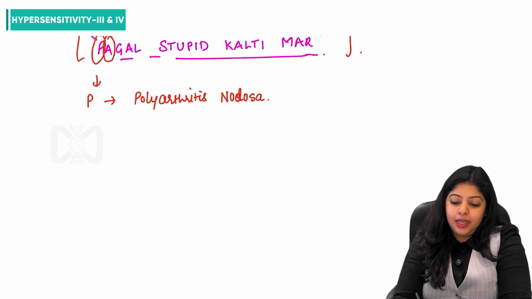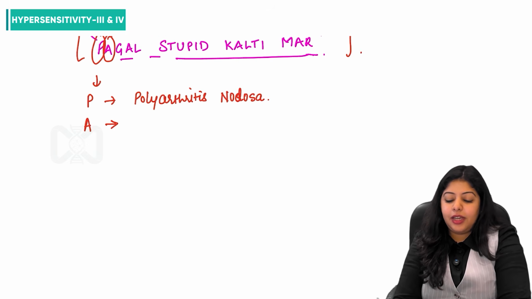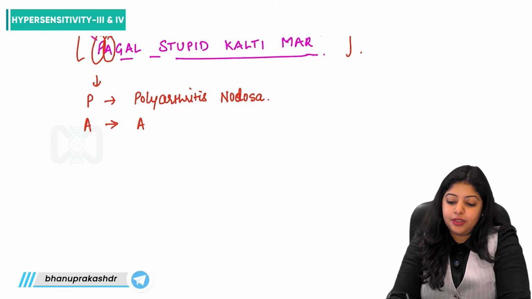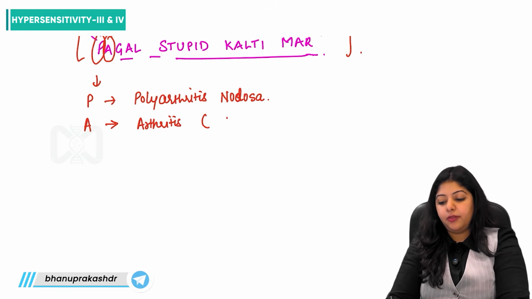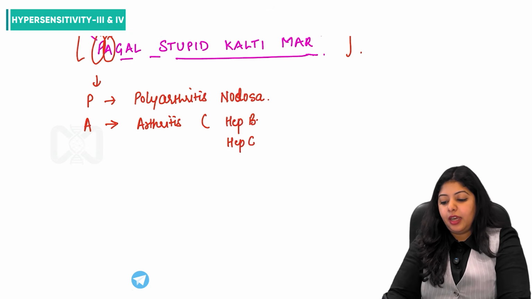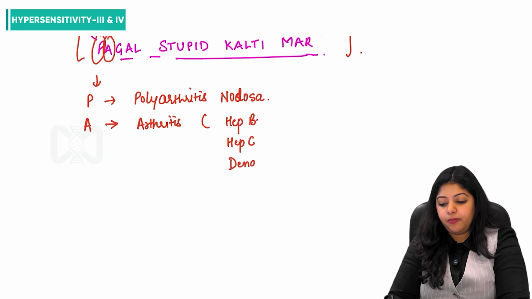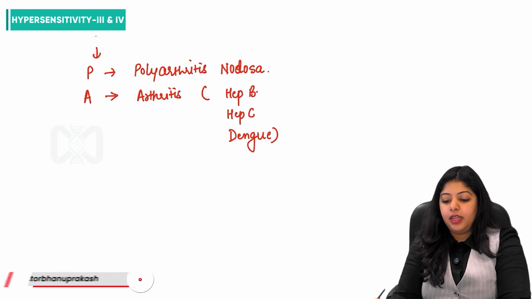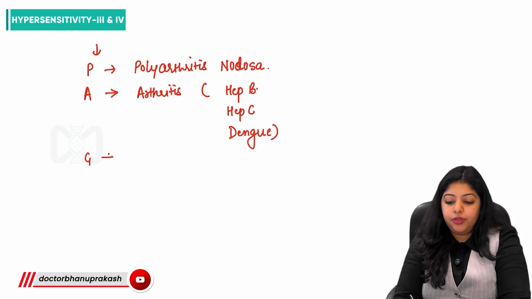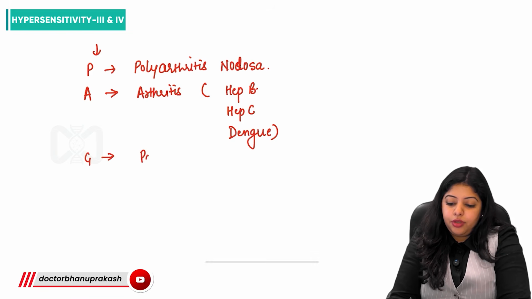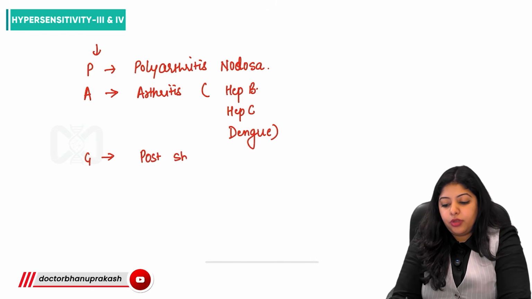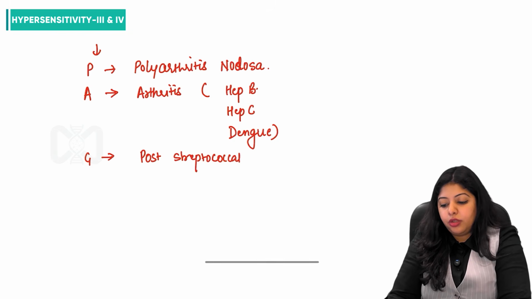Then next, A stands for arthritis, and this arthritis can be observed in hepatitis B, hepatitis C and dengue, right? Then G stands for post-streptococcal glomerulonephritis.